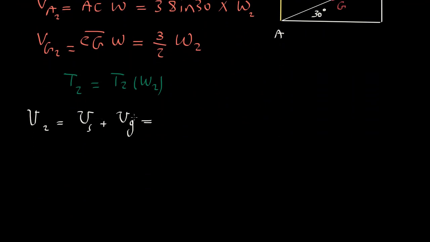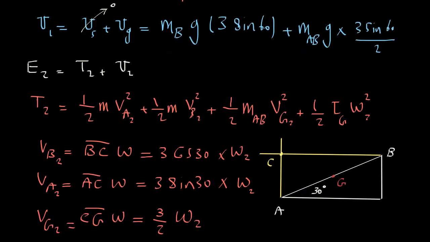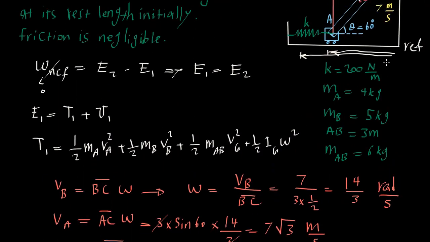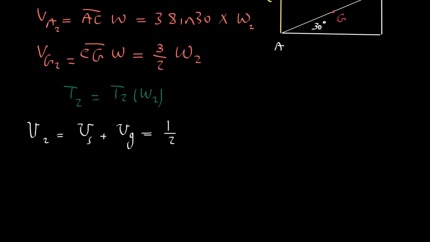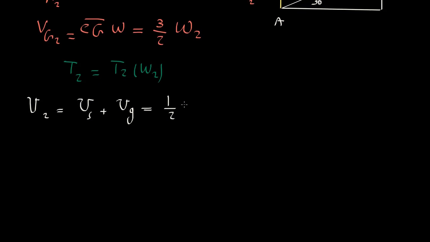By the way, let me check if we have K, the spring coefficient. Yeah, we have it, 200 Newton per meter. So this would be 1/2 K delta squared, the change in the length: 3 cosine 30 minus 3 cosine 60, squared, plus.